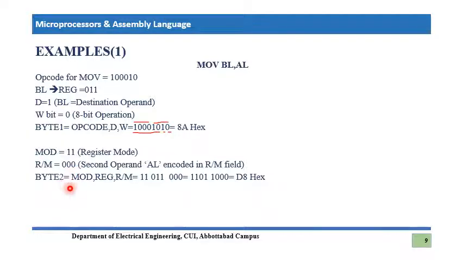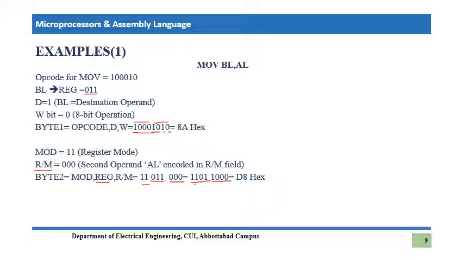So byte 2 will become mode, REG, r/m. Mode is 11, we see this value here. REG is equal to 011, and then r/m is 000. So now we just arrange them in 4-bit order: 1101 and 1000.